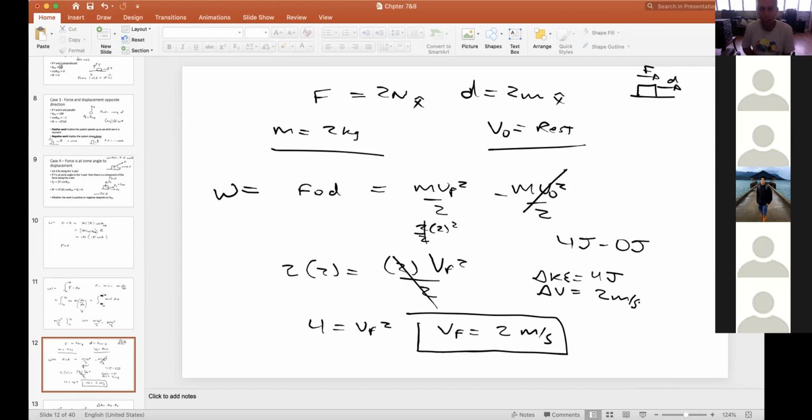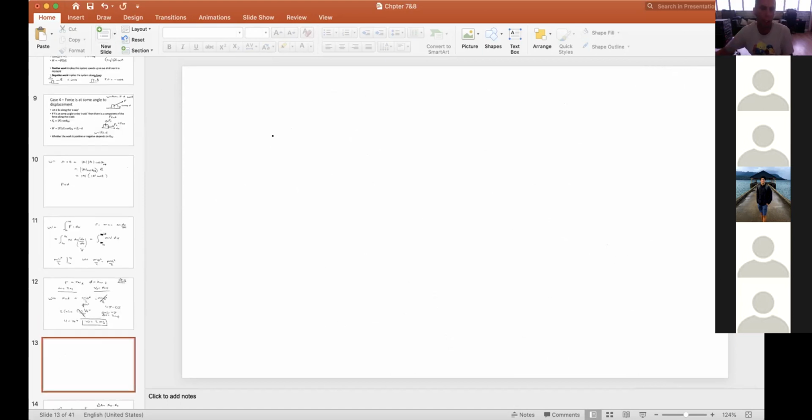But you can see that all you really have to write down is the force dotted with d equals m v final squared over 2 minus m v initial squared over 2. That's the only equation here so far. We're going to have a much bigger equation later, which is a lot easier.